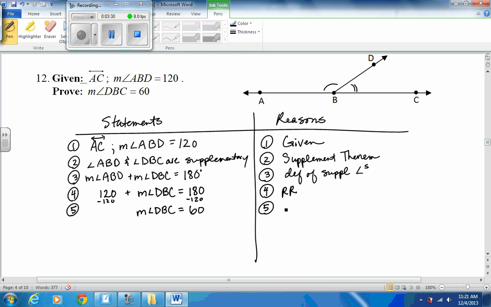Go look for that property again if you don't remember. What says you can add or subtract something from both sides of an equation? Additive property of equality. That's actually our final statement. I'll put my symbol for therefore, my three dots. Therefore, we know that the measure of angle DBC is equal to 60. One thing leads to the next.